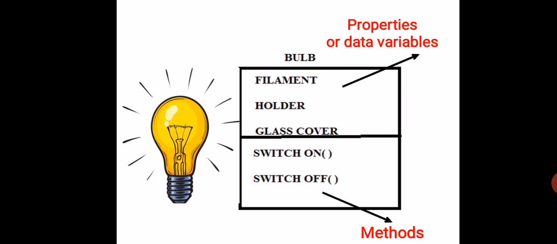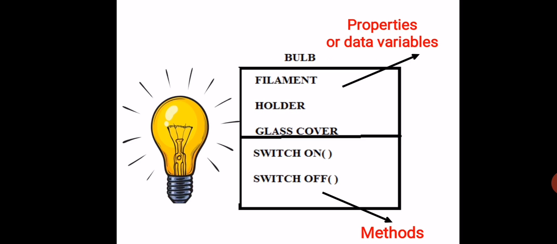Now let us consider an object bulb. In a bulb, we have properties like filament, holder, glass cover. This represents the state. And methods like switch on, switch off. This represents the behavior.